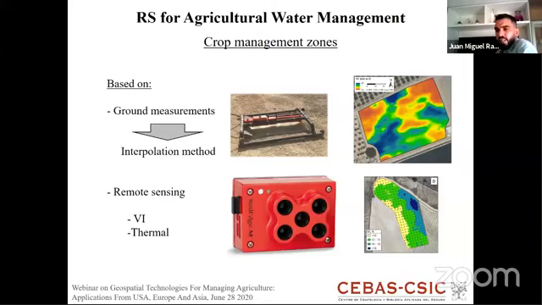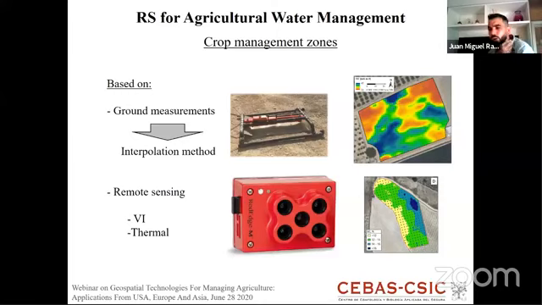Generally, when using ground data, it is important to highlight that most of the time we require interpolation methods for transforming these point measurements into a map, as for instance, inverse distance weighting or the kriging method.